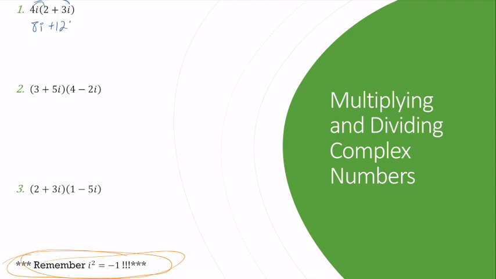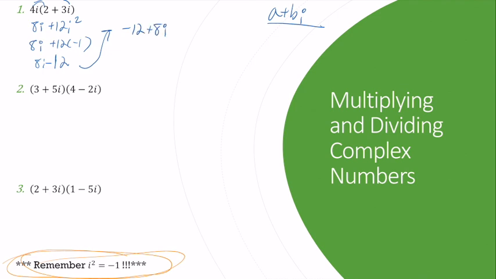And then we substitute in. We remember that i squared is -1. So I've got 8i plus 12 times -1. That becomes 8i minus 12. And one thing we really want to remember is that we always want to have our real part before our imaginary part. So I would rewrite this as -12 plus 8i.